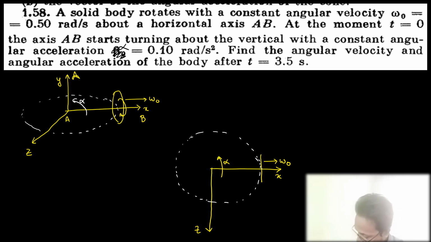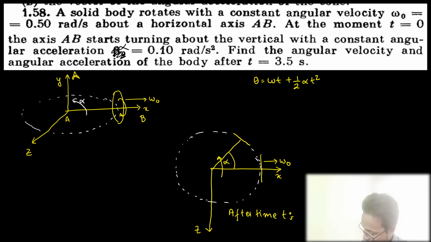By the same method, after a certain time t, how much would this angle be? This angle theta is equal to omega t plus half alpha t squared. If the acceleration was not constant, you would use d omega by dt equal to whatever the acceleration was given. So this angle is given by this expression.